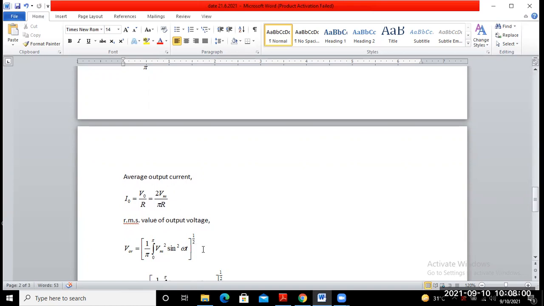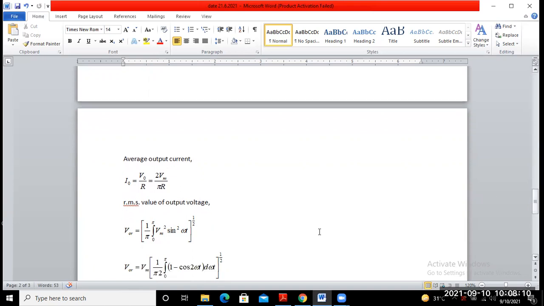We can take Vm outside of the square root. The remaining part is 1 by pi times sine square omega t.